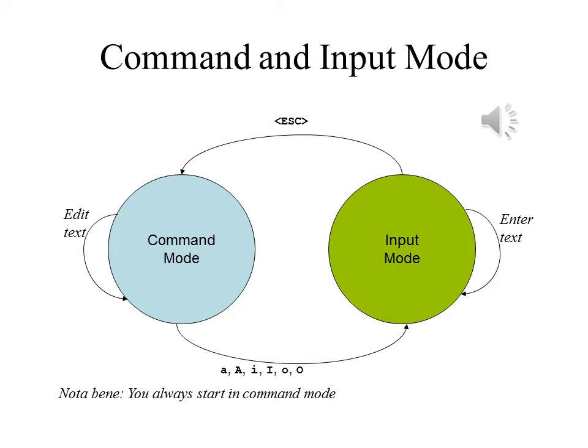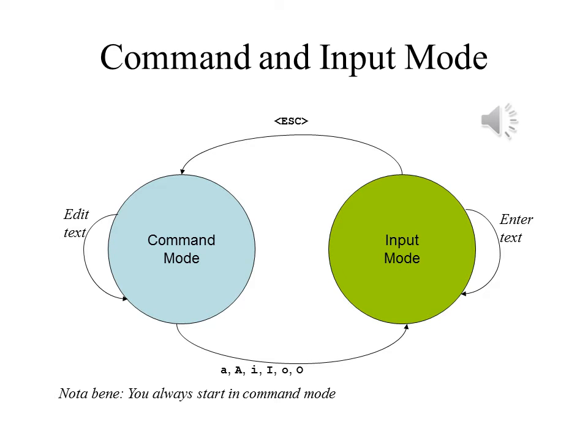VI, like EX and ED before it, works out of one of two separate modes. Command mode, where you are editing text and using one of the various commands for that purpose, or you're in input mode and you're entering text. Now, to get to command mode from input mode is fairly straightforward. All you do is press the escape key.